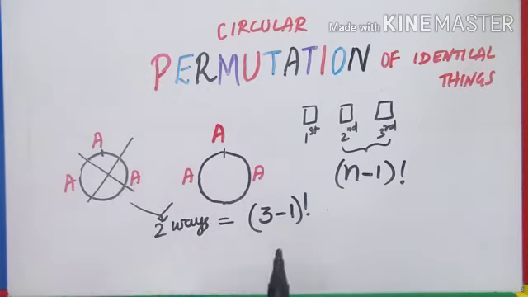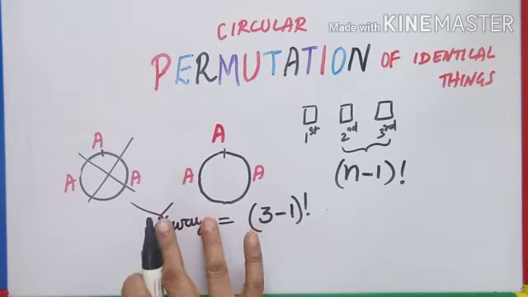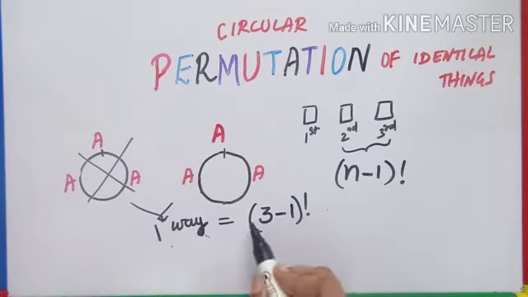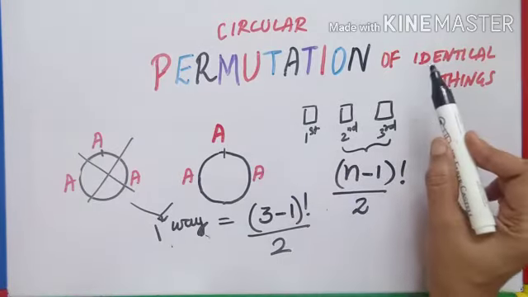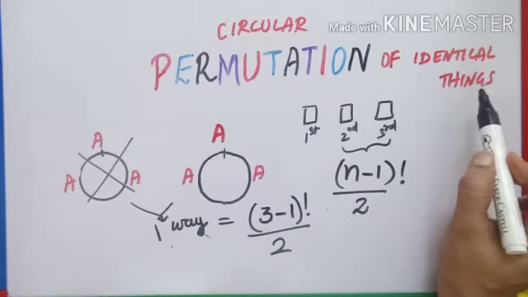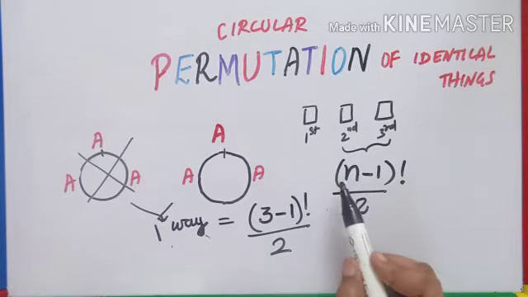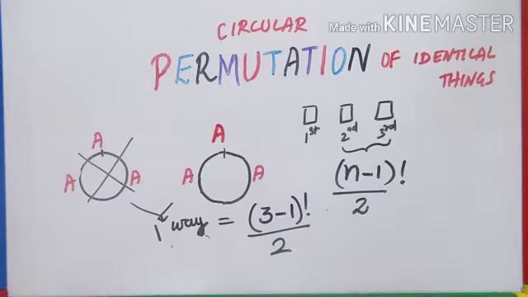How to get it using the formula? 3 minus 1 factorial divided by 2. So 2 factorial by 2 gives me only one arrangement. So in general, for circular permutation of n identical things, the formula is n minus 1 factorial by 2.